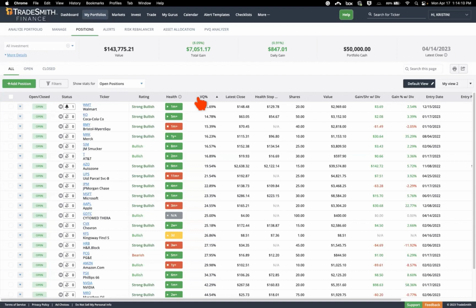We use 3 years of price data, with the past year more heavily weighted than the previous 2 years' worth of data. So you will notice our VQs are all different. You can see the percentages are not one size fits all on this list. So we consider our VQ dynamic.